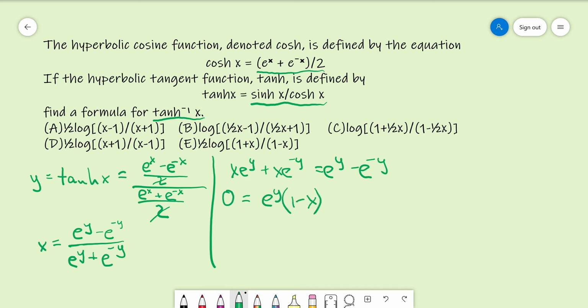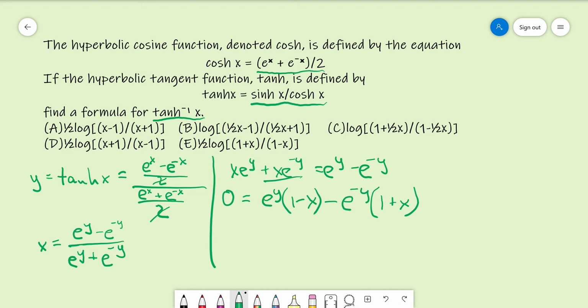It doesn't really matter, but I just see that the answers are written as 1 minus x and not x minus 1, so it'll be easier that way. And minus e to the negative y times 1 plus x. Remember, this is going to end up being a negative on the right side, and then we have the negative out in front, so we'll have plus x.